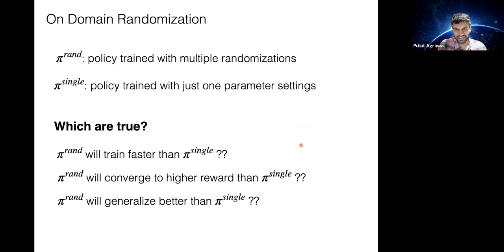Okay, so I'm going to close it now. It seems like in this one everyone agrees that Pi rand will actually generalize better than Pi single. I mean, this was the whole point of doing domain randomization, that we can generalize to a new parameter setup, where a new parameter setup is the parameter setup in the real world.